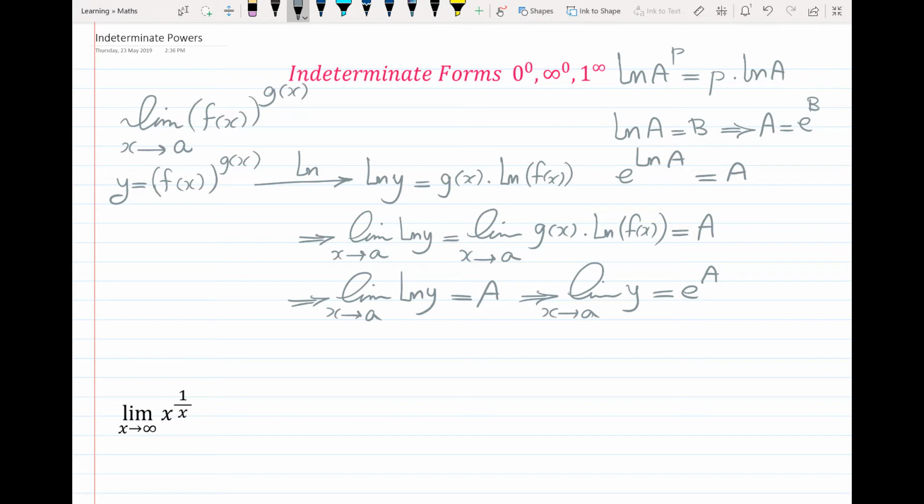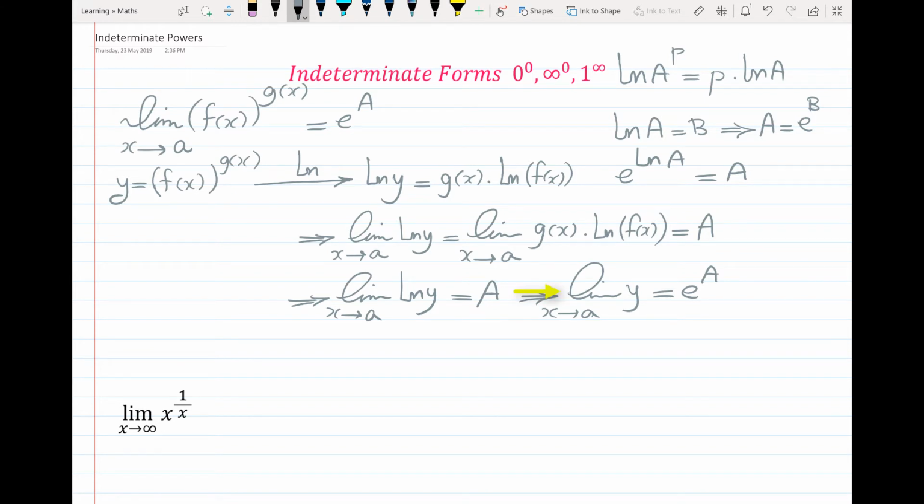Note that y is f of x to the power of g of x. So the limit of f of x to the power of g of x when x approaches a is e to the A, and it means that our original limit equals e to the power of A.